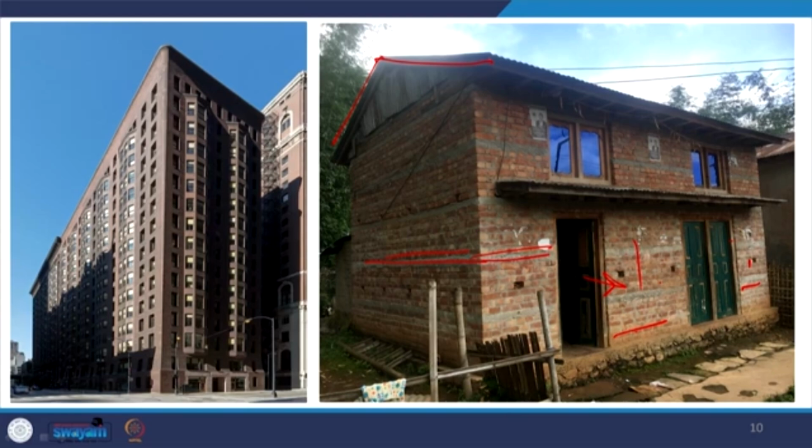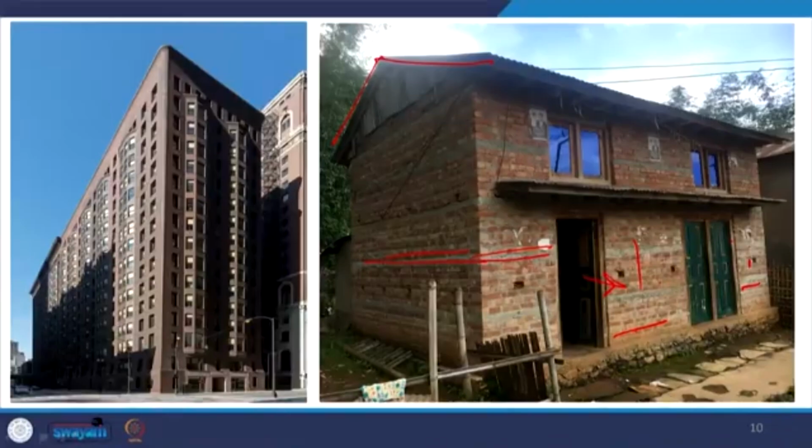This can be easily made, and one of the advantages of making this load bearing structure is that it will be cheaper compared to the frame structure if we consider only a few story building.